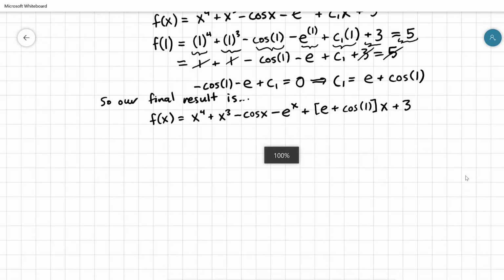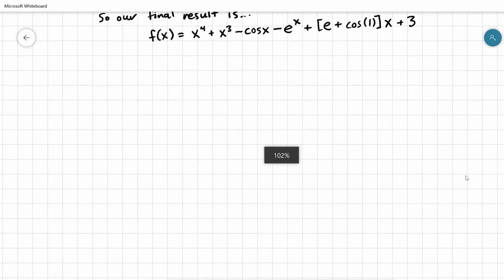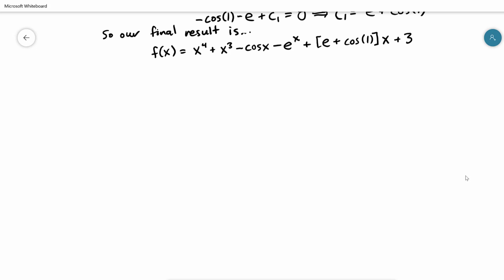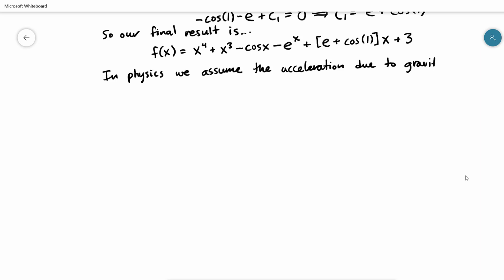Okay, so now let's apply this same idea to a physics problem. So in physics, we assume the acceleration due to gravity is constant, at least near the surface of the Earth.